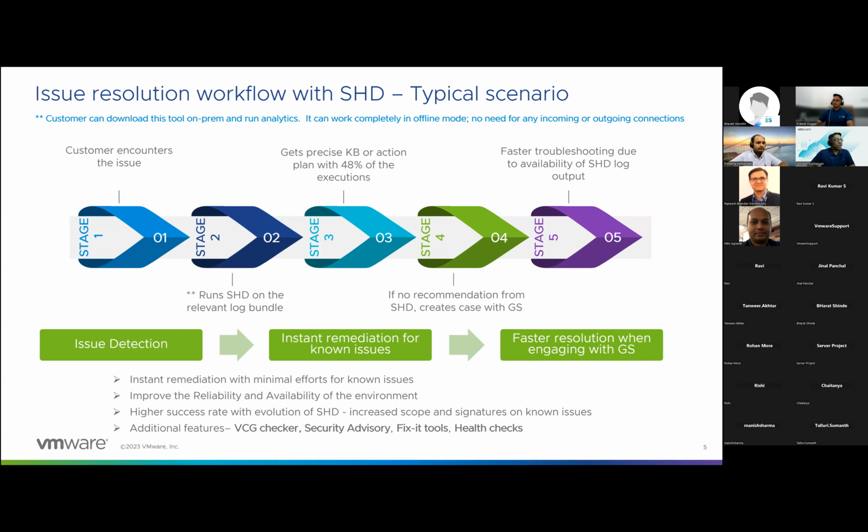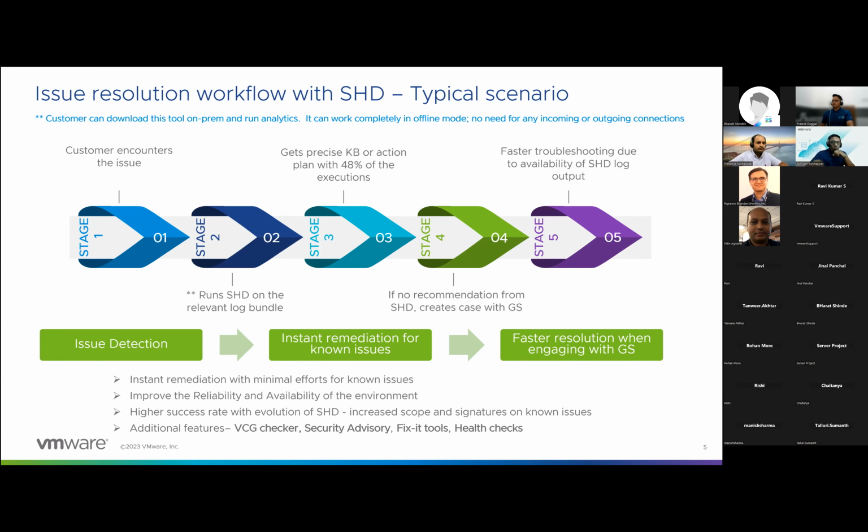As of today, SSD has about 1,800 plus plugins, and I'm talking about this excluding all the pre-checks and health checks that we do. 1,800 meaning all the known product and environmental issues, outside and inside related, are picked up and fed inside the tool as signatures.